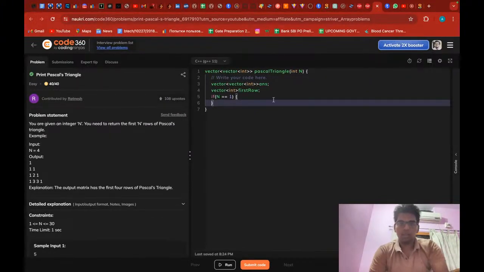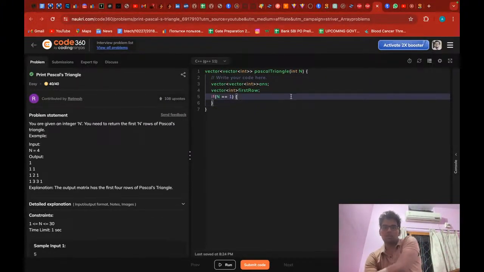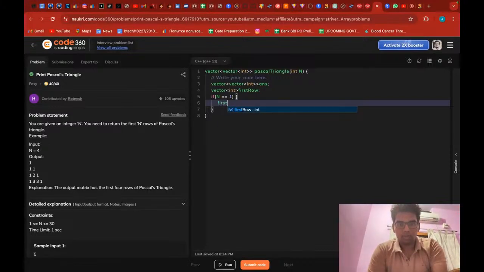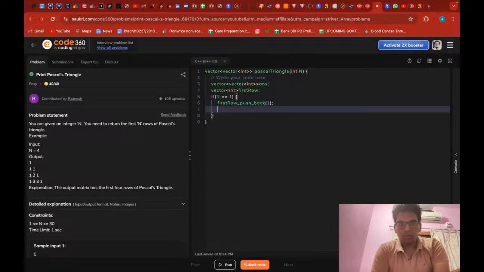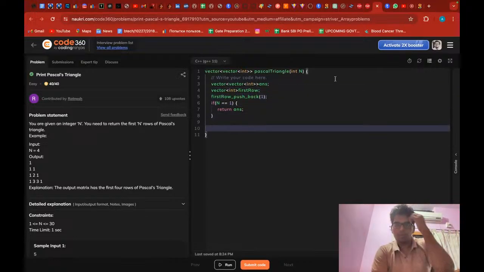So in the base case, if n is equal to 1, I will just push the first row, push back, and return answer, right?